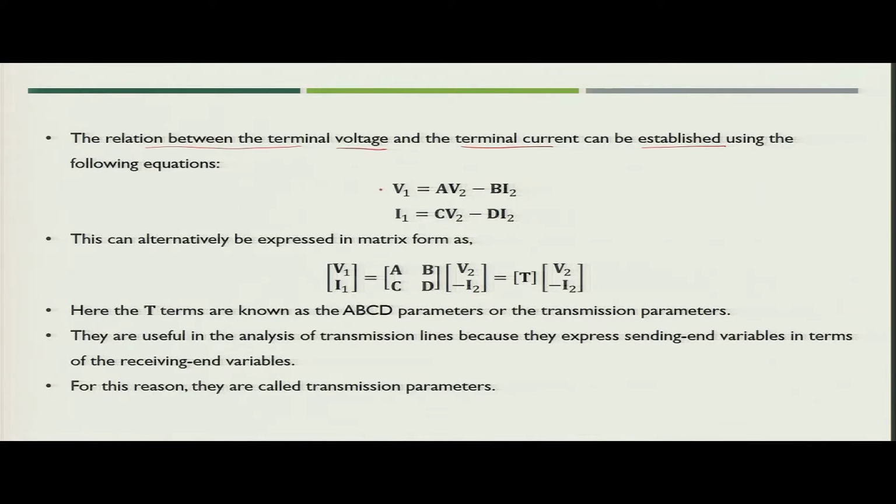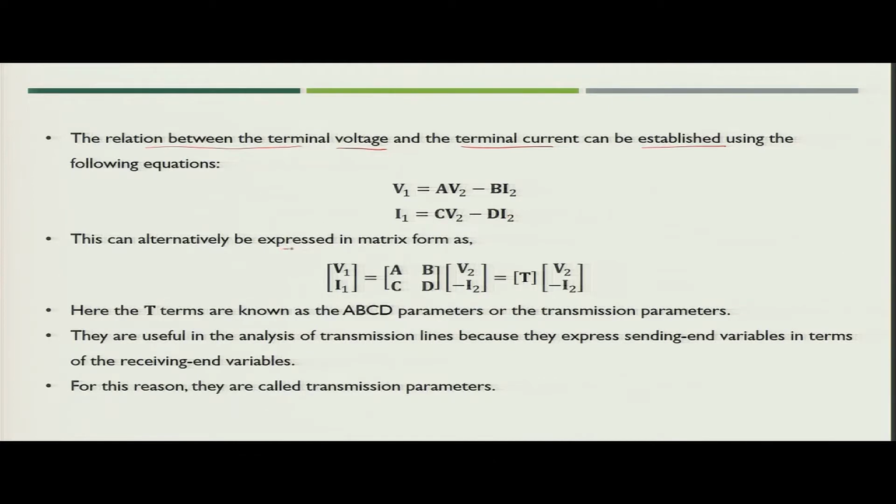The input port voltage V1 can be written in terms of output port voltage and current: V1 equals A V2 minus B I2. Similarly, input port current I1 is related to V2, I2: I1 equals C V2 minus D I2.